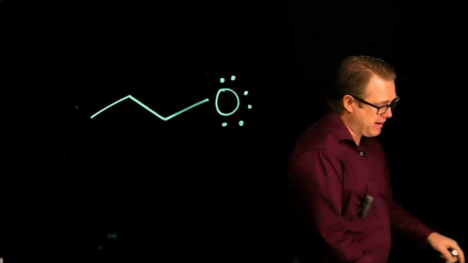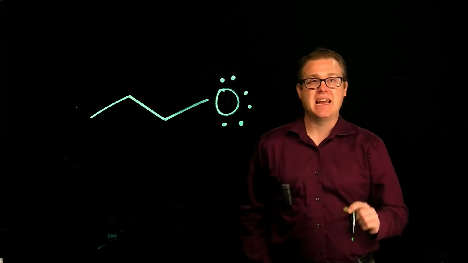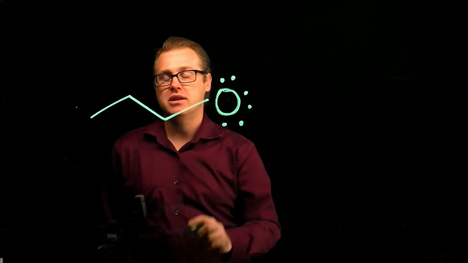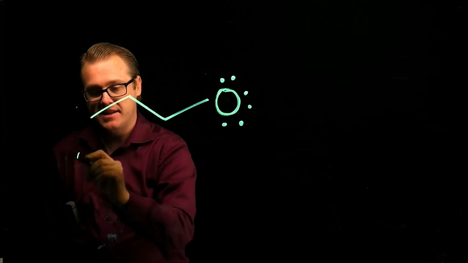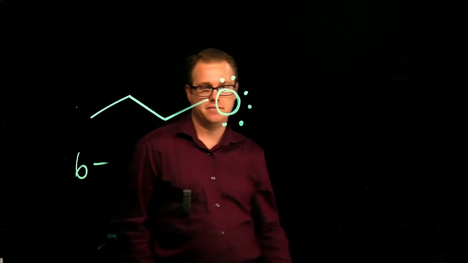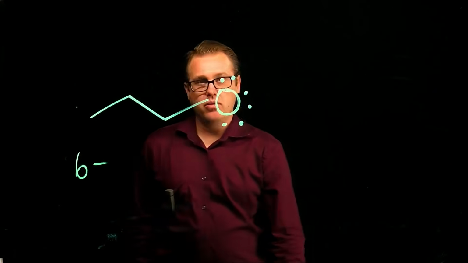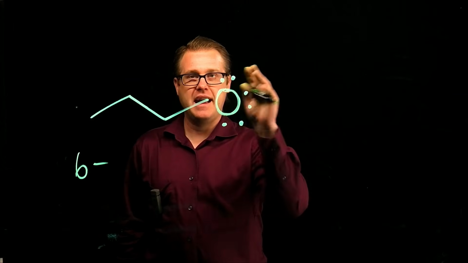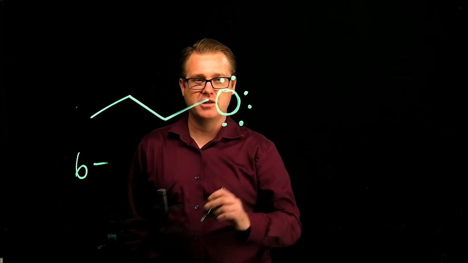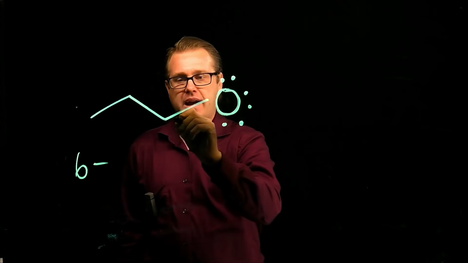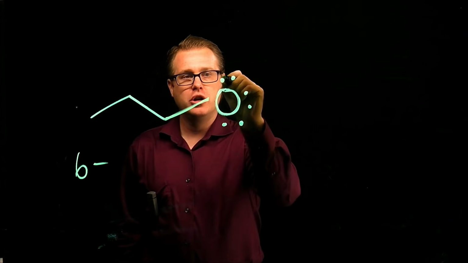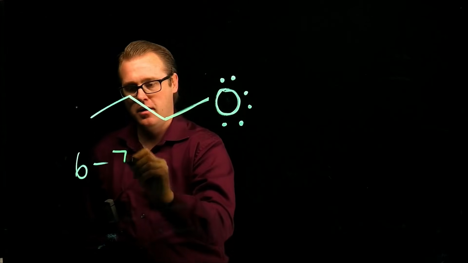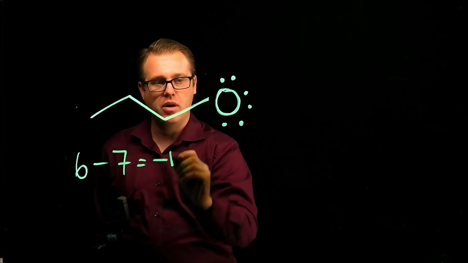When I go to the periodic table, I see it's in group 16. So that means this oxygen atom has or should have 6 valence electrons. And now using my trick, you count how many bonds and how many electrons are in lone pairs. So I have 1, 2, 3, 4, 5, 6, 7 equals a -1.